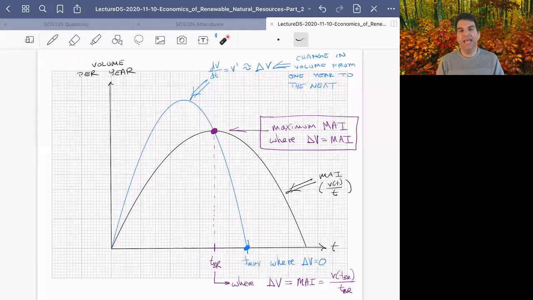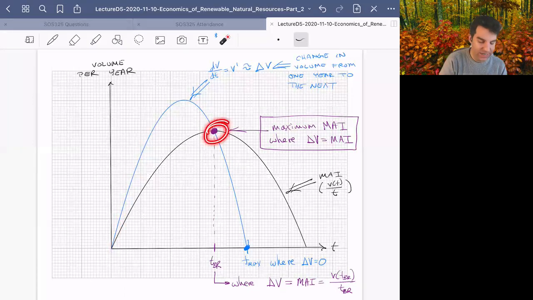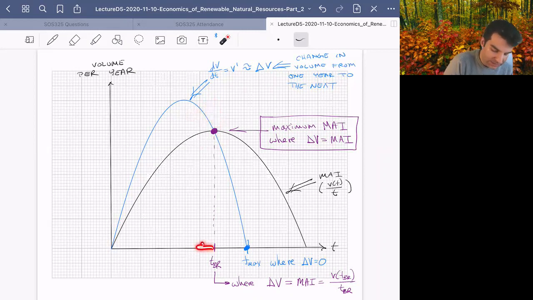If we instead want to maximize the amount of wood produced over long periods of time, then we wait for the delta V to fall to this threshold, which is the MAI, V(T) over T. And as we add in more economic factors, we're going to shift this delta V threshold up even higher, which will cause the rotations to get even shorter.